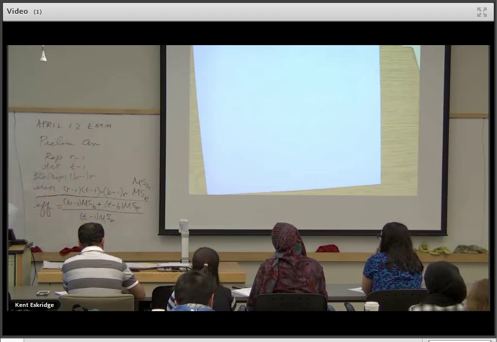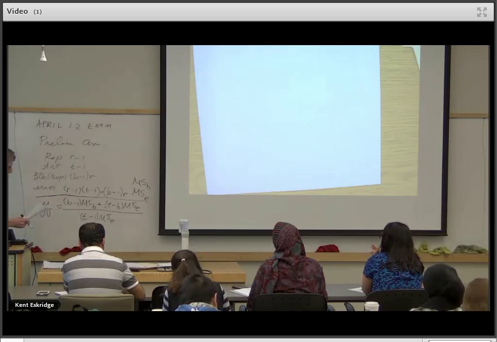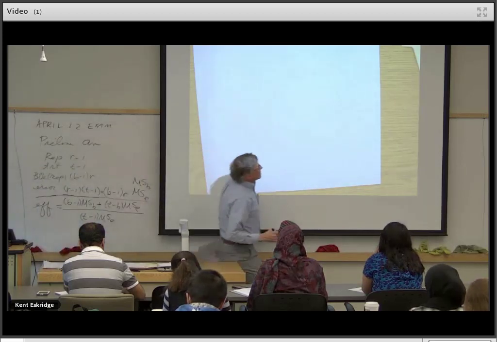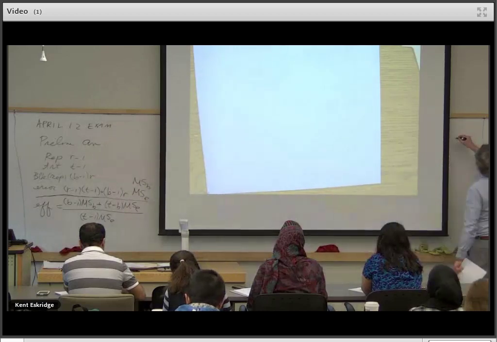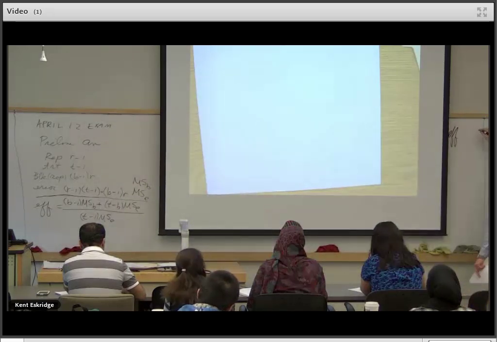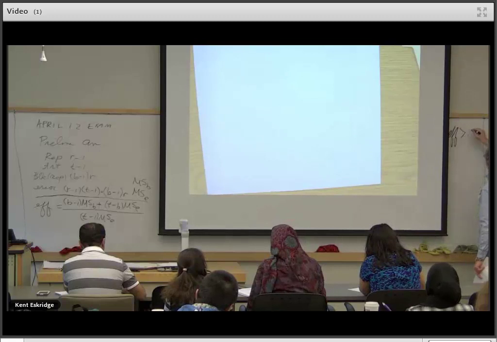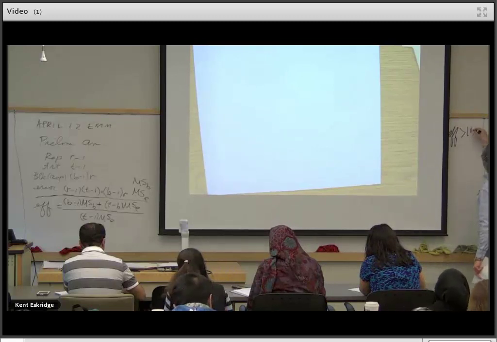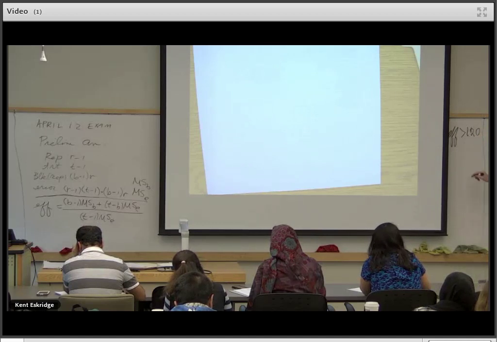And so if the efficiency factor is greater than 1, then the incomplete block design is an efficient design. Normally what people do is if the EFF value is greater than 1.2, then the incomplete block design is a good design. Okay?